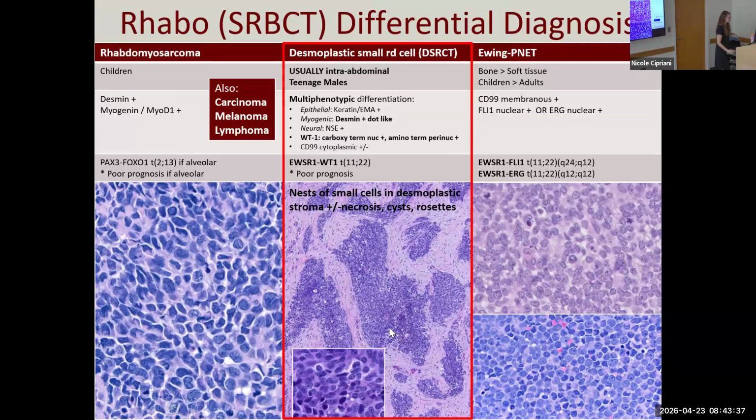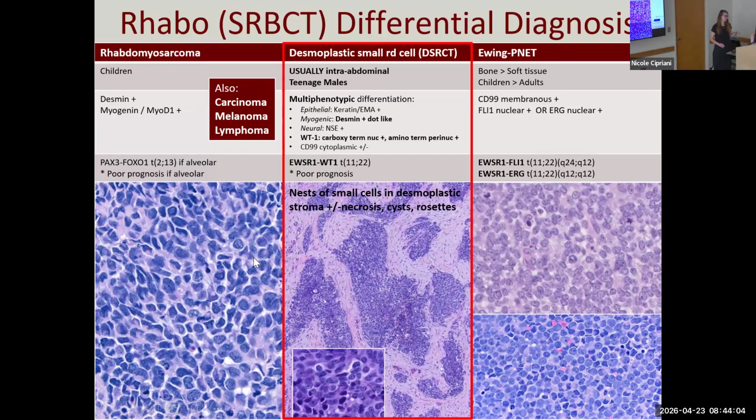So islands of small round blue cells surrounded by this extensive desmoplastic stroma and having multi-phenotypic differentiation. So epithelial, yes. Myogenic, yes. Neural, yes. Cytoplasmic CD99, maybe. It specifically has WT1 as a fusion partner, rather than FLI1 or ERG. So you may see WT1 expression.